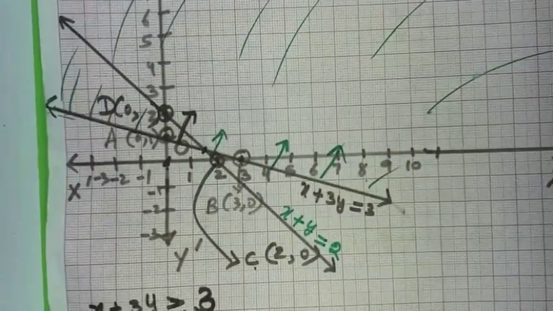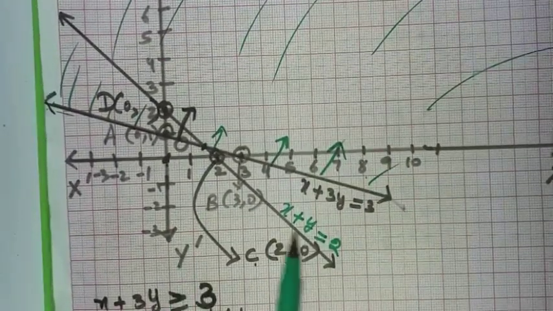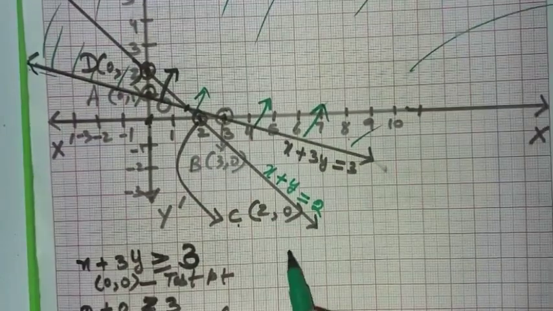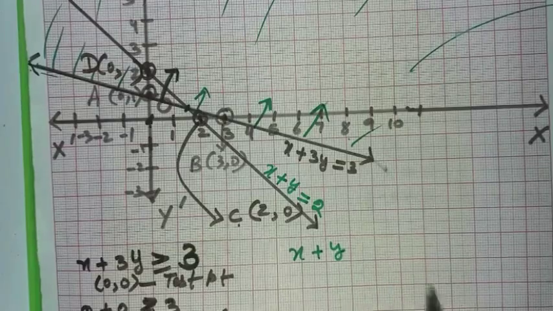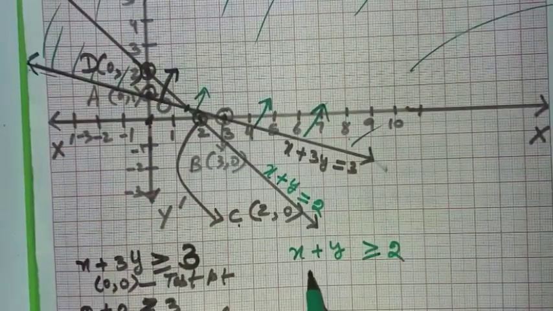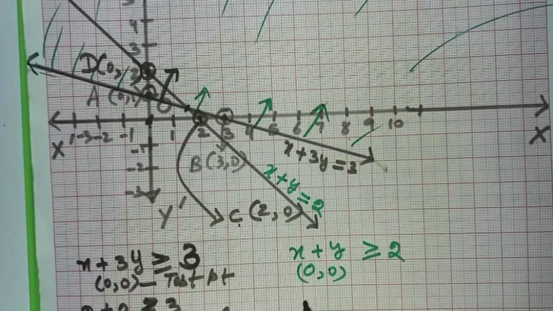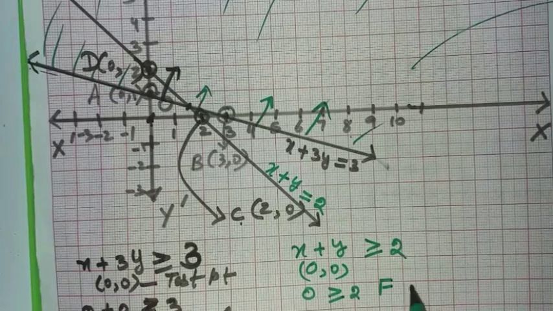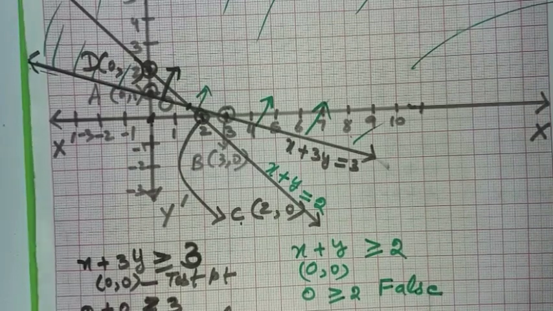Now let me check with the same method what the shaded region will be for the line x plus y greater than or equal to 2. Again I substituted the test point 0, 0 and I got 0 greater than or equal to 2, and I got to know that this is also a false statement.